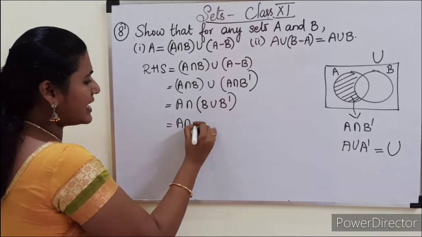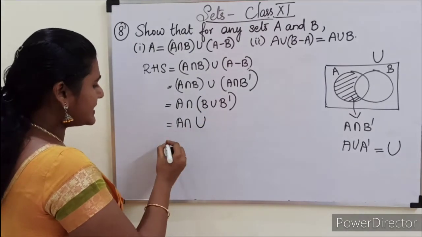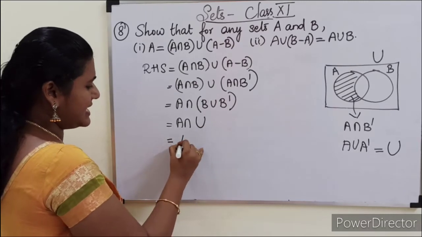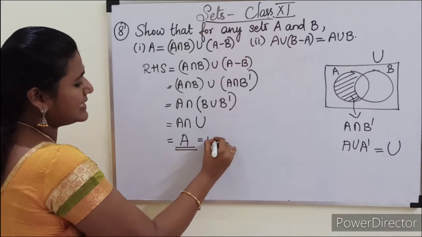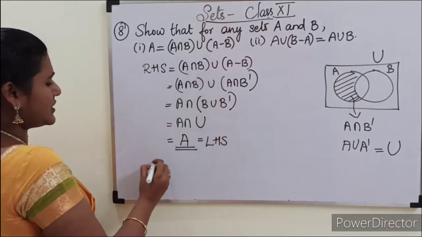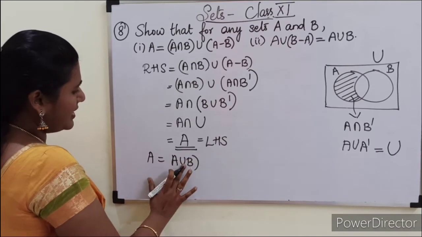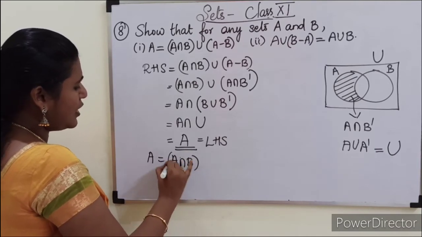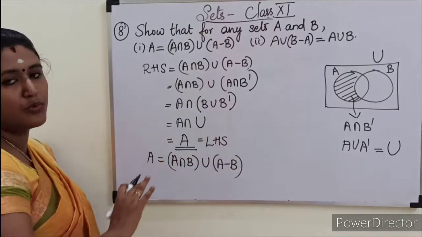So here we can write the universal set U. Now A intersection the universal set is A only. So we have proved this is our LHS. So we got the expression A is equal to (A intersection B) union (A minus B). So the first part we have proved here.